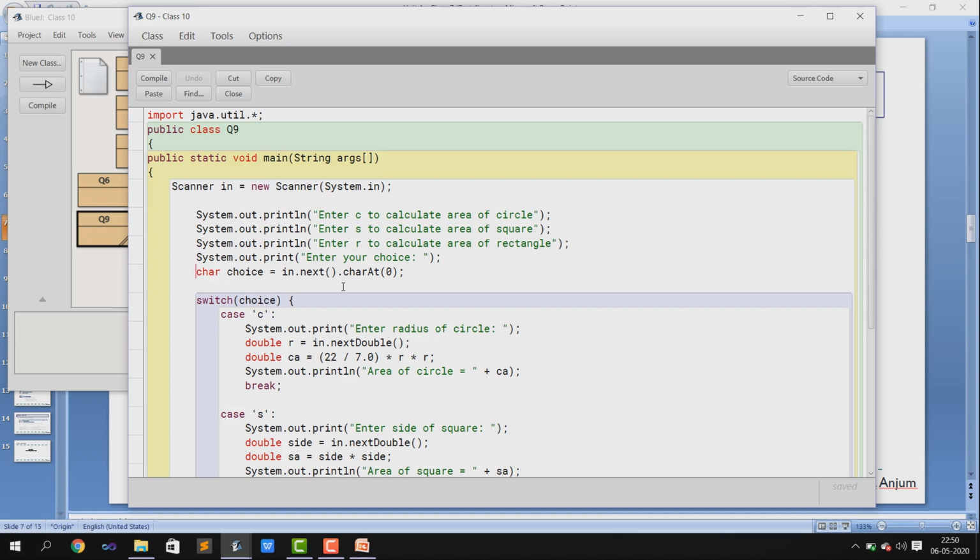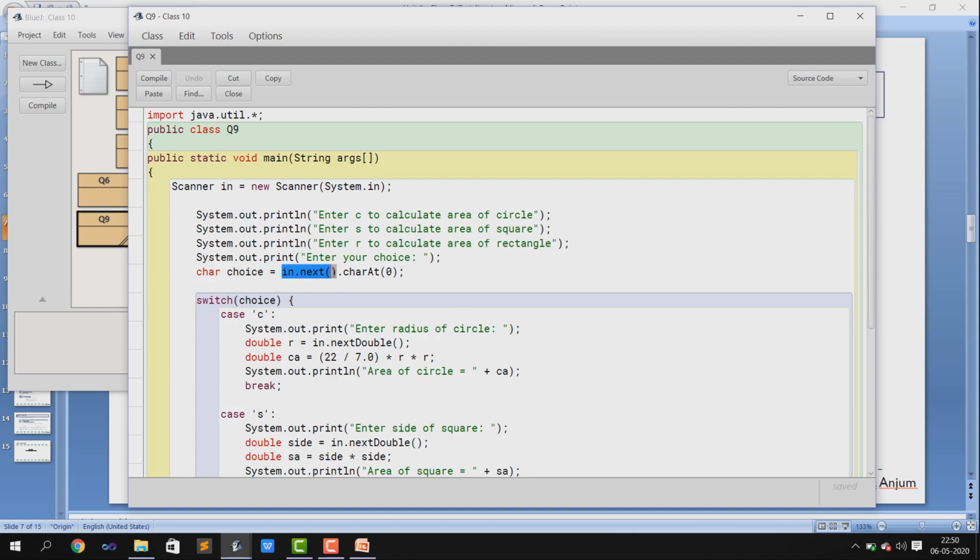Okay. Then you have to take choice as an input. Now see students over there, in your ninth class, when we were having our last chapter about our scanner class, over there we have also used this charAt(0). It means what? It means आपकी अगर कोई भी एक string लिखी हुई है, then you are going to pick up only the first letter. अगर आपने कोई भी एक इनपुट दिया है, let us suppose आपने दिया है area as an input, then by this it means what?